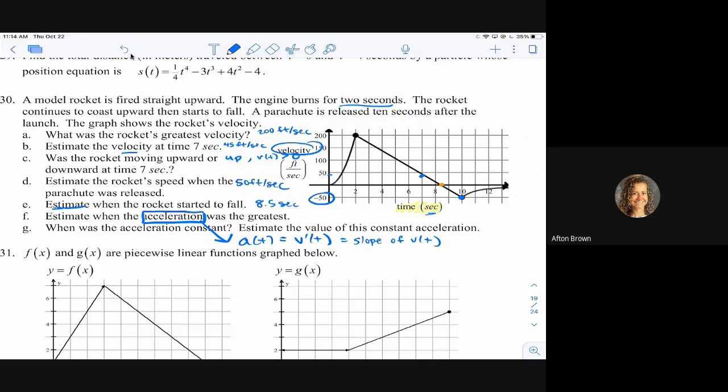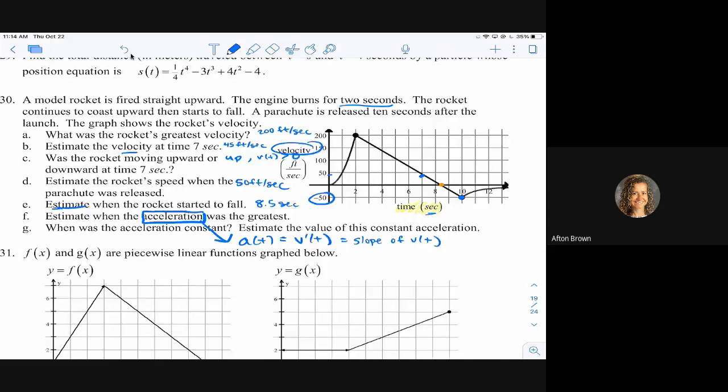Beginning, about what time? Okay, can we be more specific? Somewhere in between 0 and 2. Where does it look like the tangent line would be the steepest? Yeah, 1 to 2, can we shrink it down to just one point? 1.8. Yeah, just right before 2 seconds.